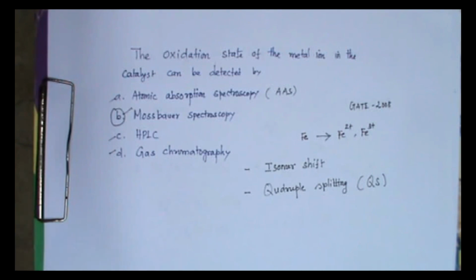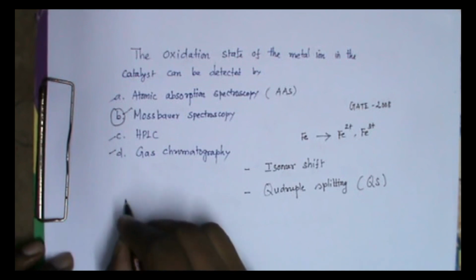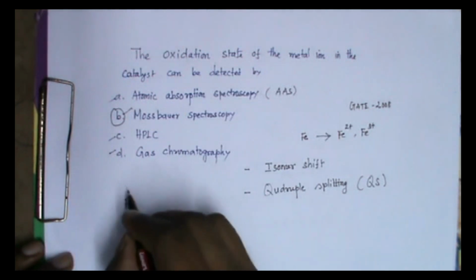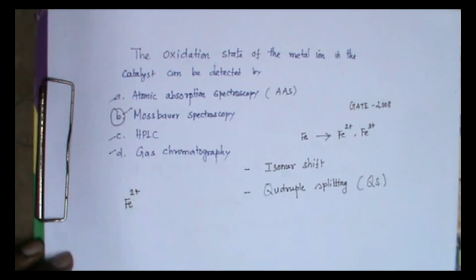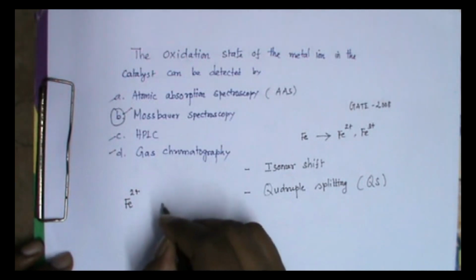That generally happens when there is an electric field gradient. When the electron density is not equally distributed, there will be an electric field gradient, and we will get quadrupole splitting. For example, let us consider Fe2+, high spin.